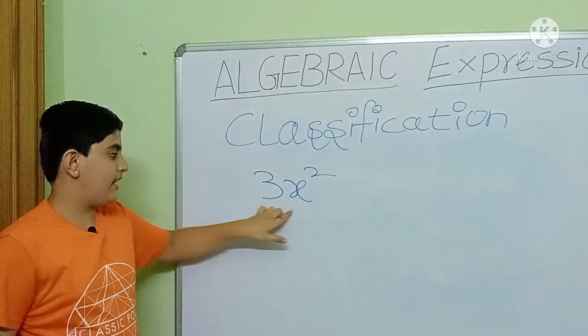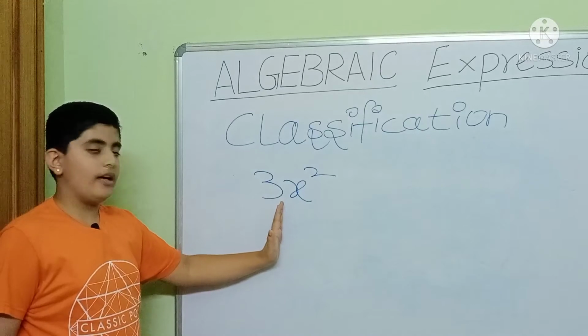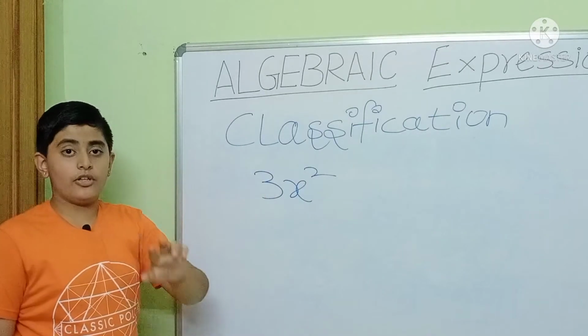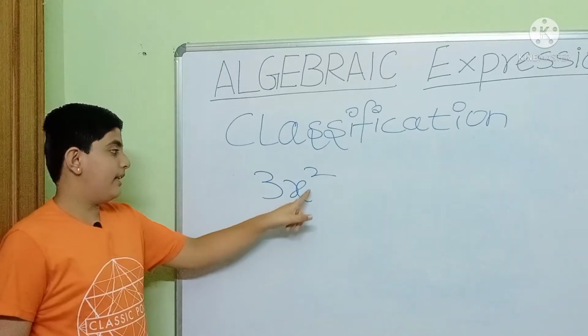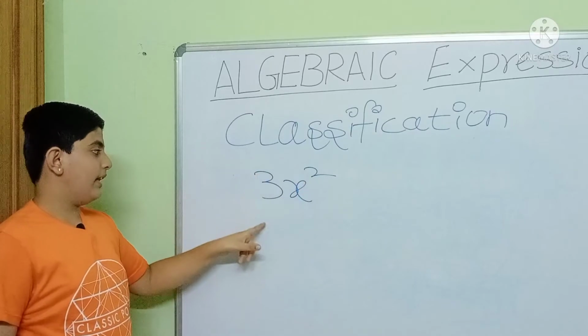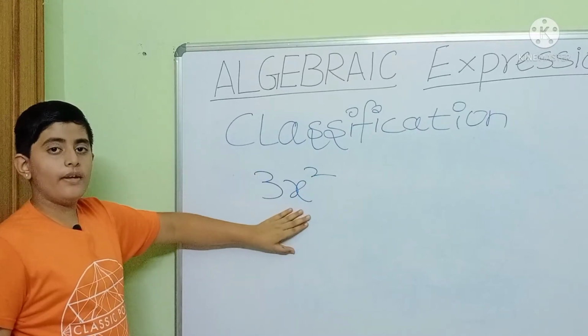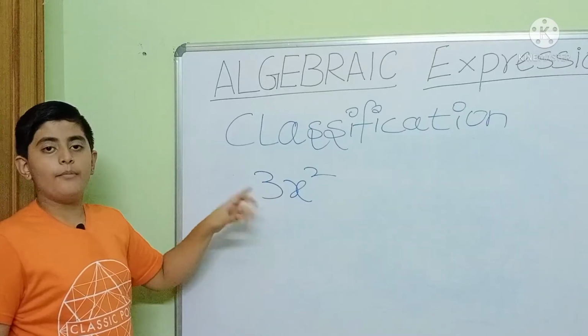So this total part is called one term. It is greater than 0 and the power is positive, so this is a polynomial which contains one term. So this is called a monomial.